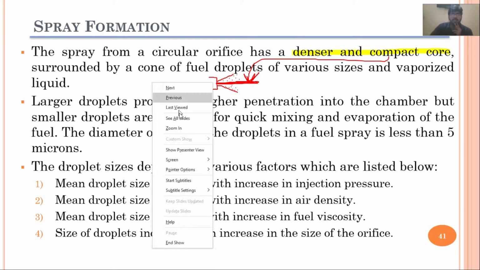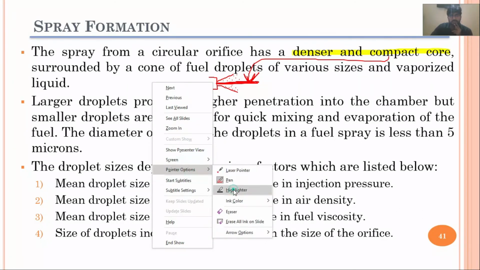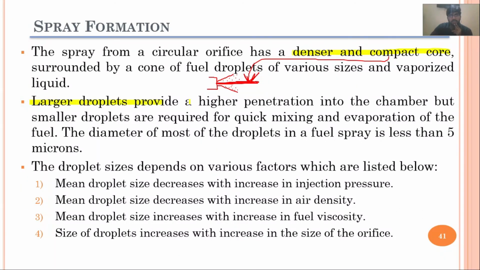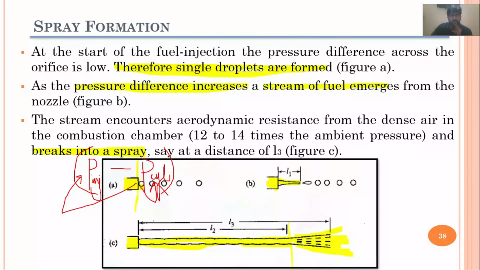So larger droplets provide higher penetration. I have already explained this part earlier.